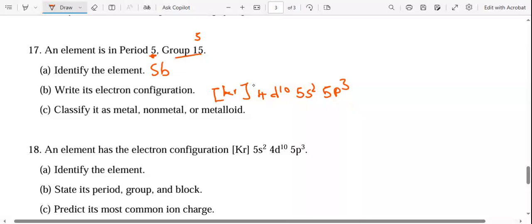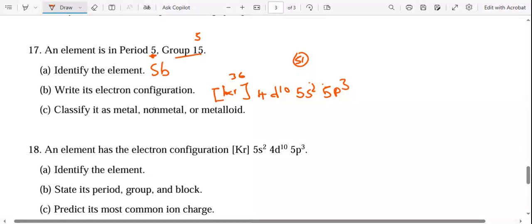Because krypton actually has 36, so 36 has been used up. Then you add 36 plus this, you find that it will be 46, 48, then 51. So we have 51, like I said. This is the electron configuration we wrote previously. Use that table I gave you and you'll be able to write these ones.